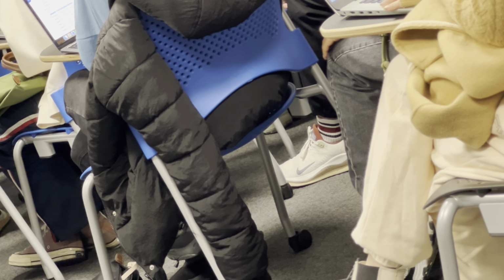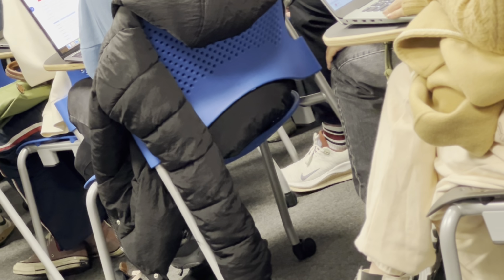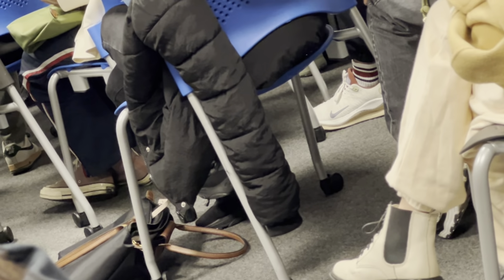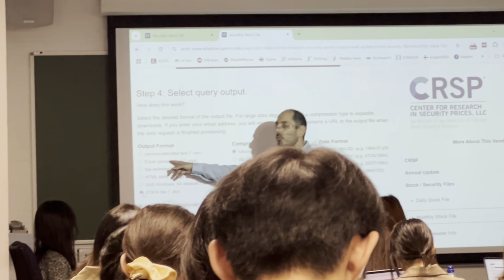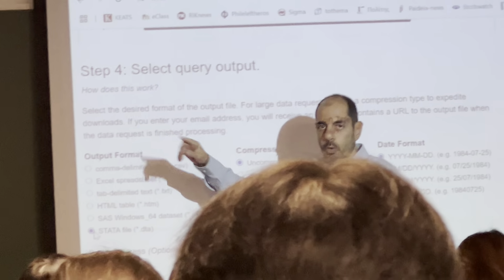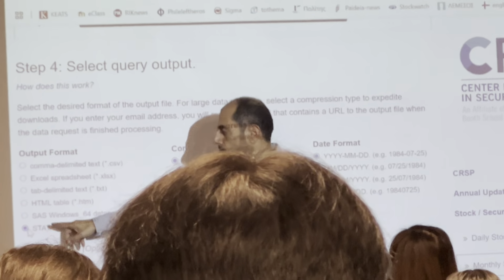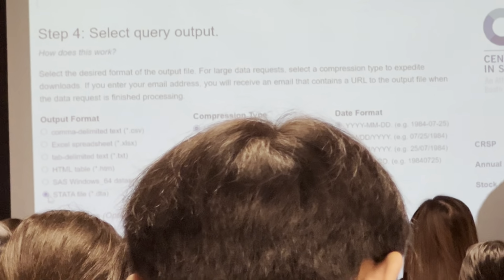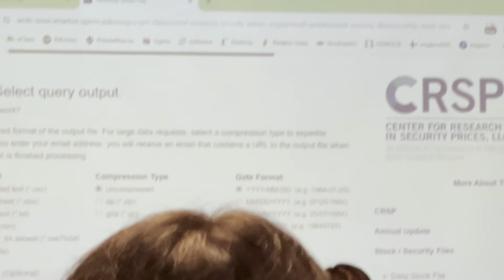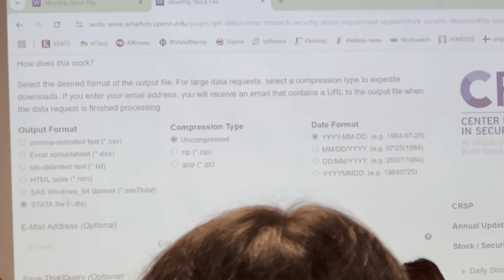If you think you want to manage your data in Excel first, then you ask for Excel or TXT. But if you are going to use them directly in STATA, go directly to STATA. If you go to Excel, I'm going to show you that from Excel we can go to STATA, so it's not a serious problem. But if you don't want the intermediate step, go directly to STATA.